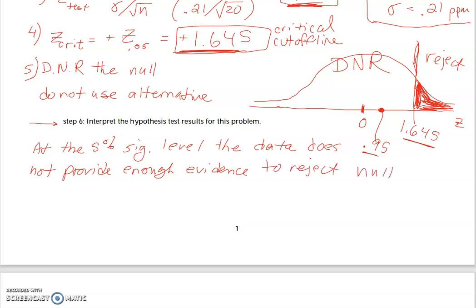We didn't get enough evidence. At the 5% significance level, the data does not provide enough evidence to reject the null.